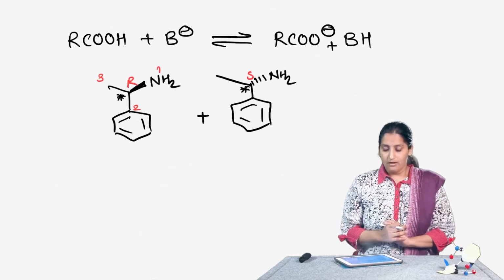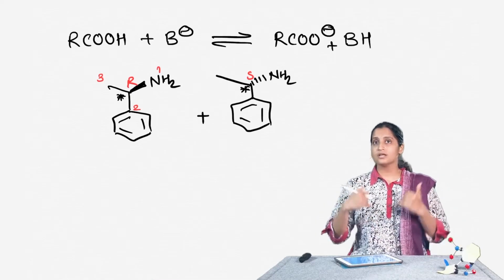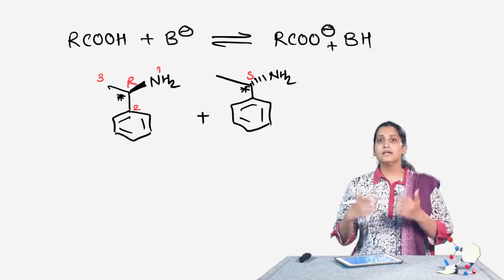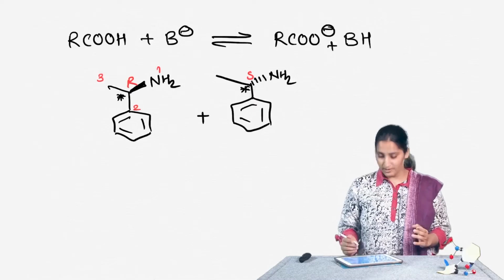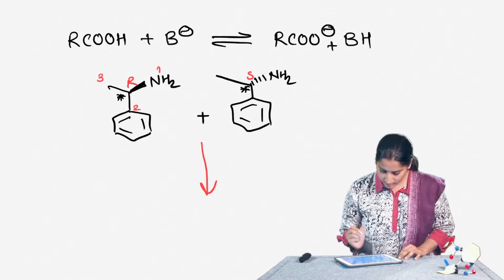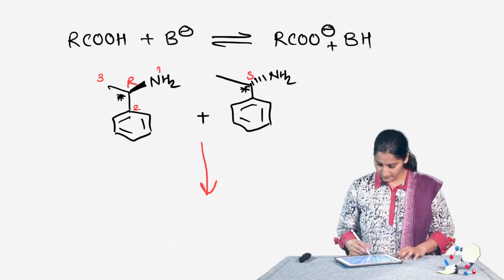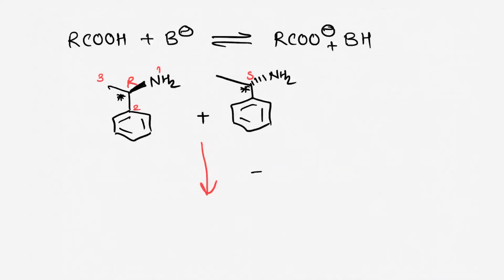Okay. The way I convert it to the corresponding diastereomer is by reacting it with a chiral acid. Okay. So, I am going to take tartaric acid, and the tartaric acid, as you know, is also chiral. So, this is 2R 3R tartaric acid.